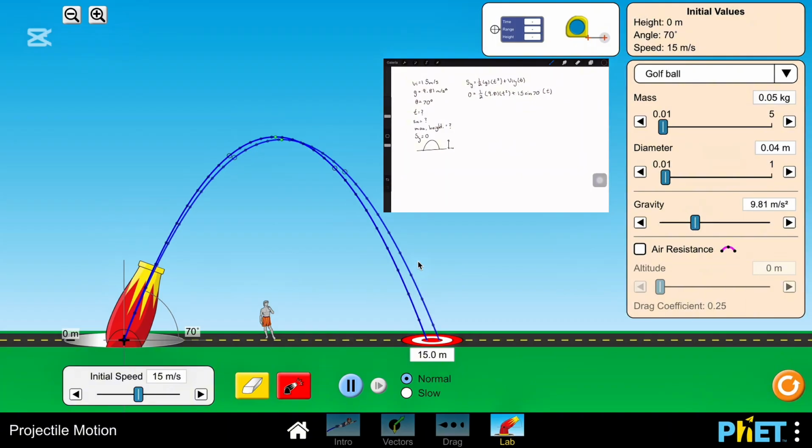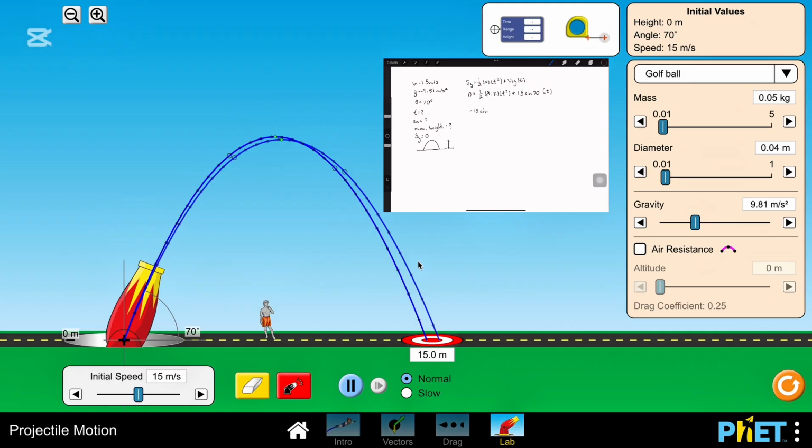Now, this one goes to the other side. Okay, so it's adding, and it goes to the other side, subtracting.